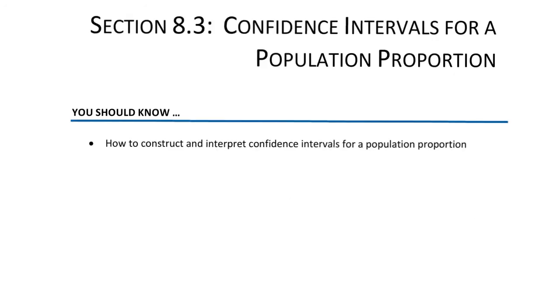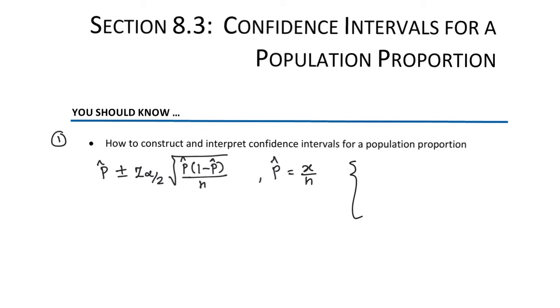So in this section you learned how to construct and interpret a confidence interval for a population proportion. The assumptions, there are 4 assumptions: we have a simple random sample and the population is at least 20 times as large as the sample.